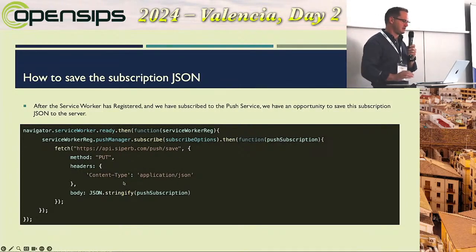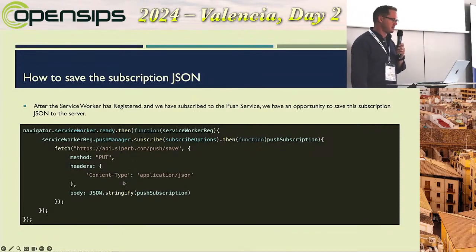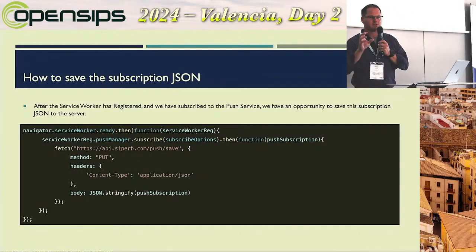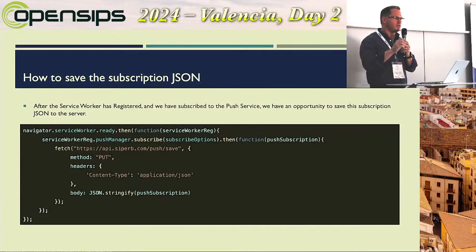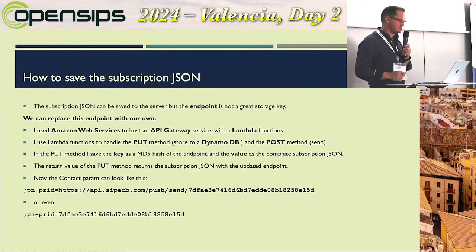So I have a URL, api.siperb.com/push/save, and I send essentially that whole subscription JSON up to the server, because I'm now taking responsibility for saving that entire subscription JSON, and I'm not really going to give it all up to OpenSIPS. As we know, OpenSIPS cannot accept all of it.